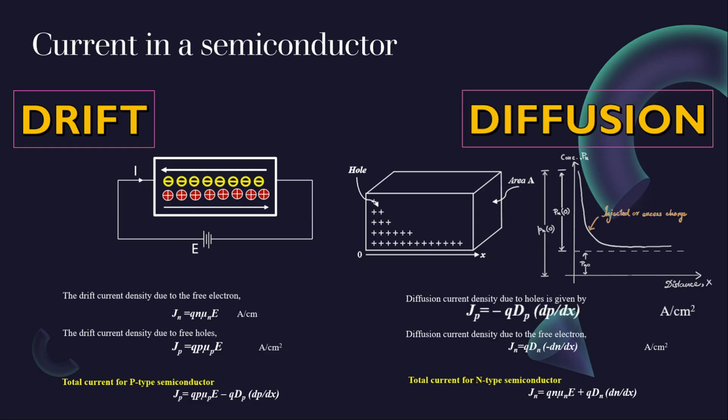The diffusion current density due to free electrons is given by this relation, and considering the sign convention, we write the equation with a negative sign. The total current in p-type and n-type semiconductors is given by the combination of both drift and diffusion currents.